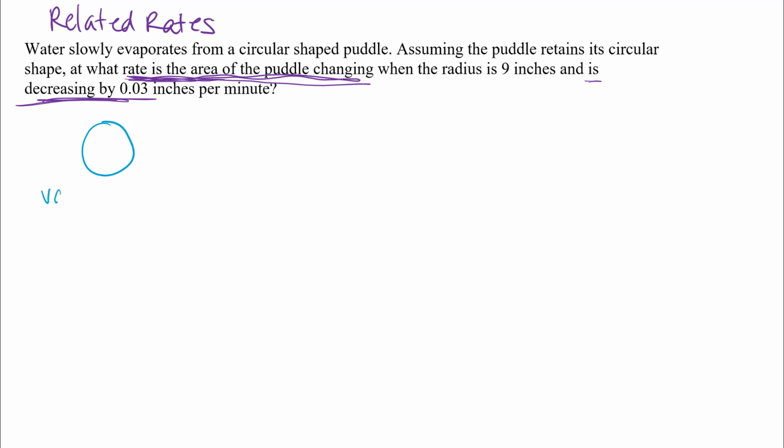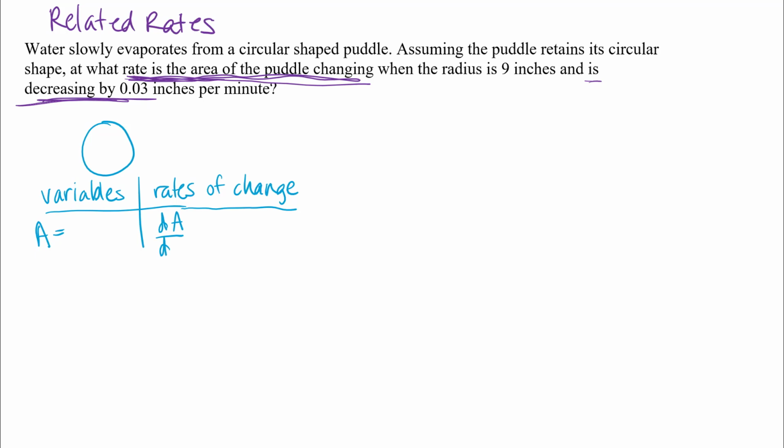All right, so we've got some information here about variables and those variables' rates of change. The first thing that it talks about there is area changing. So area is one of my variables, and it's asking me to find an area rate of change with respect to time. So I'm just setting up this table.